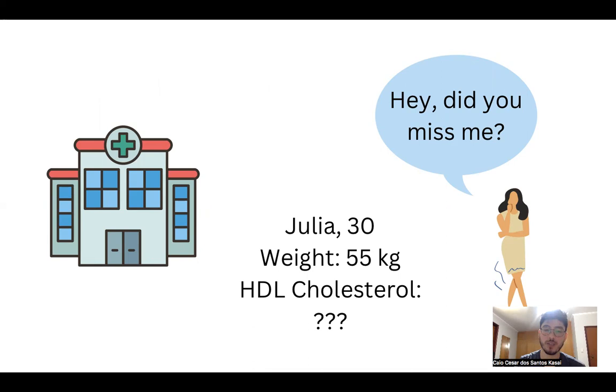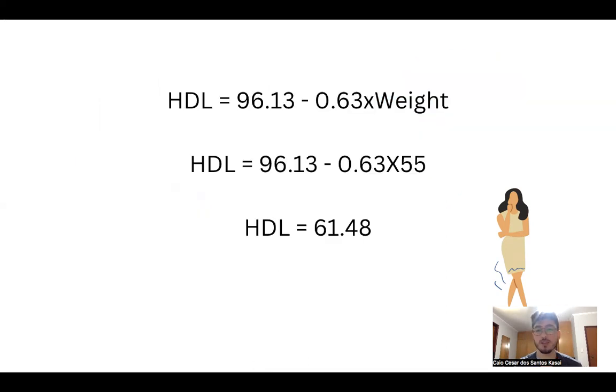Because we have her weight. So if you replace the weight in the equation, you will end up with an HDL level of 61.48. And you must recall that this is not the actual value. This is just the expected value, okay?